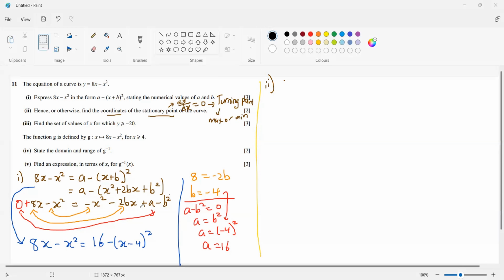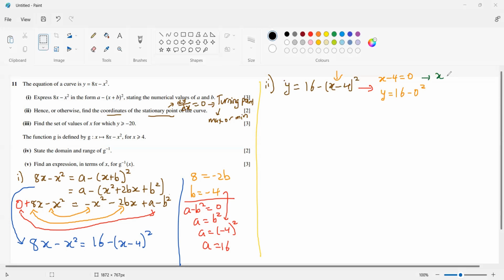So in this form, they completed the square form. All we need to do is take y equals 16 minus (x minus 4) squared to find the coordinates of the stationary point. We need to do only two things. One, we put the thing inside the bracket as 0, which just becomes 16 minus 0 squared. Imagine this whole thing is 0. So it occurs when x is 4.